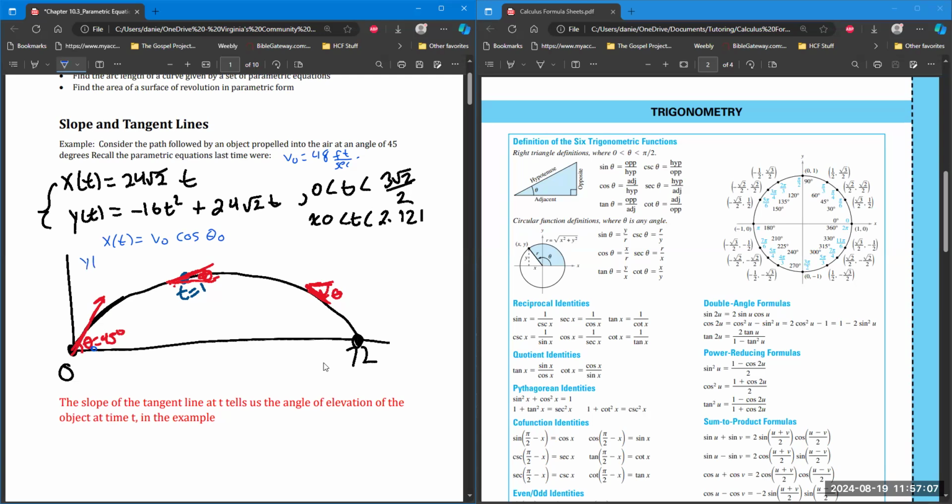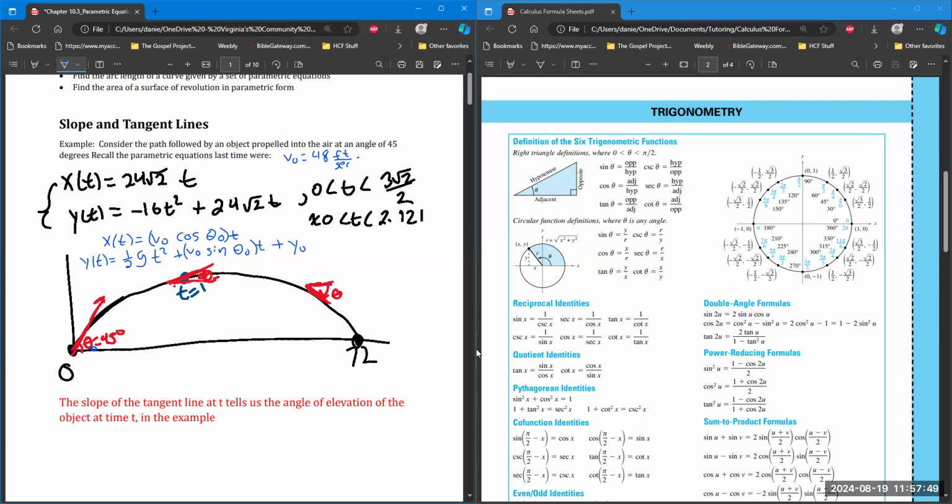And y of t is going to be equal to 1/2 g, the acceleration due to gravity, t squared, plus v naught sine theta sub 0 t, plus your initial position y, which in this case was 0.